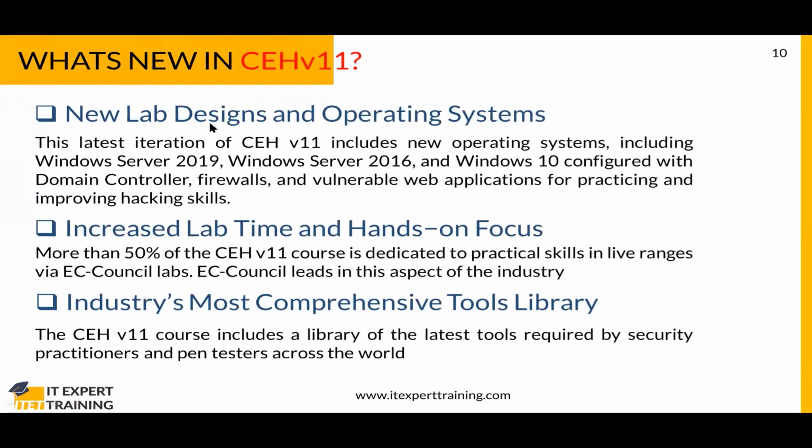And also they have introduced a new lab design and operating systems. In version 11, they have introduced new operating systems, like Windows 2019, 2016, and Windows 10. Previously it used to be Windows 8 or 7. Also the domain controller and firewall.